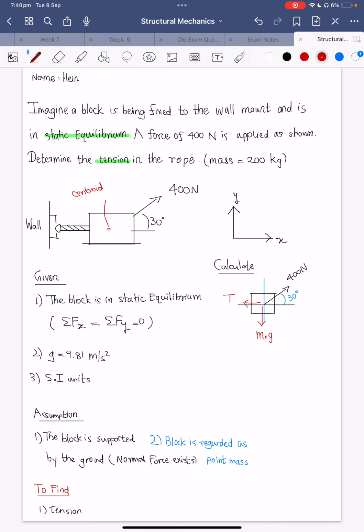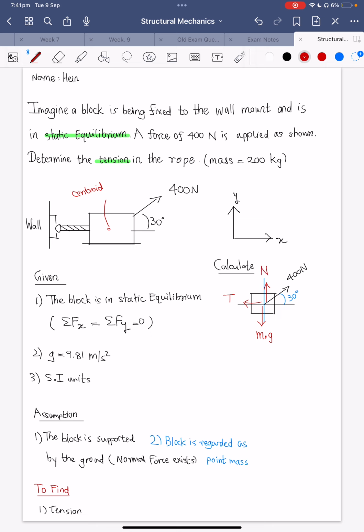All right, so when we think about that, we've got T in the negative x direction, mg in the negative y direction, and then what I've missed out is the normal force.